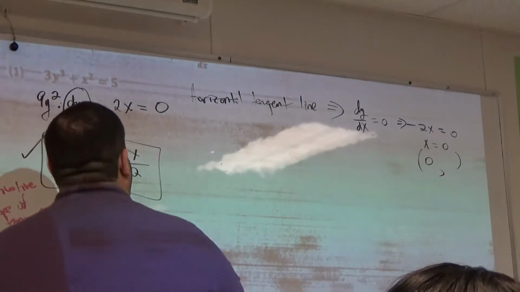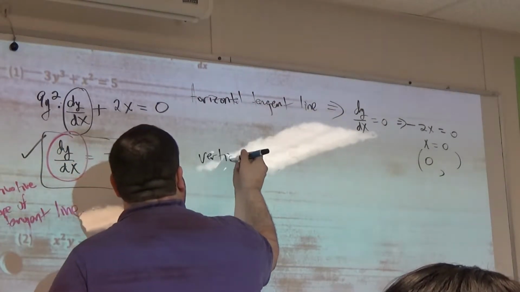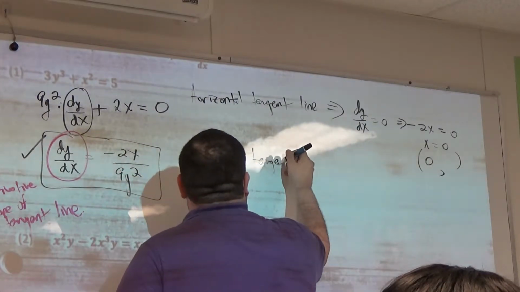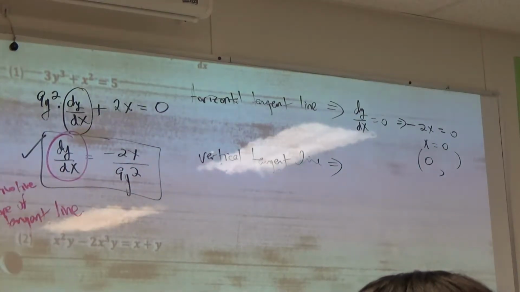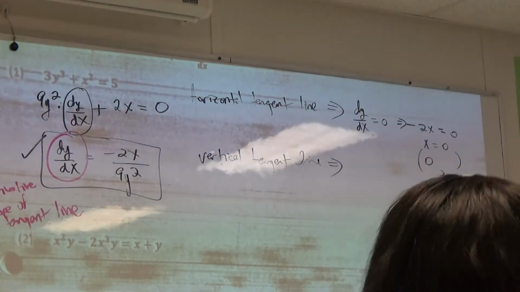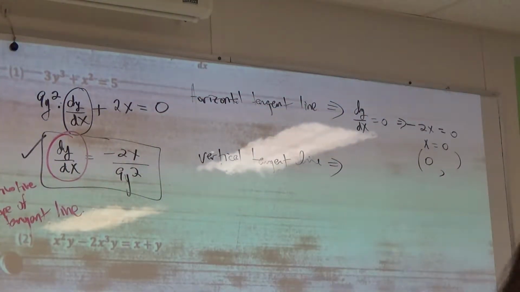All right, have a quick conversation with somebody near you. The new question is vertical tangent line. How would you get a vertical tangent line? What do you know? Find the vertical tangent line.